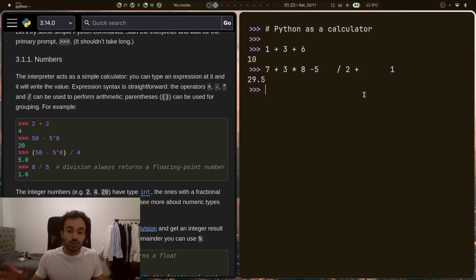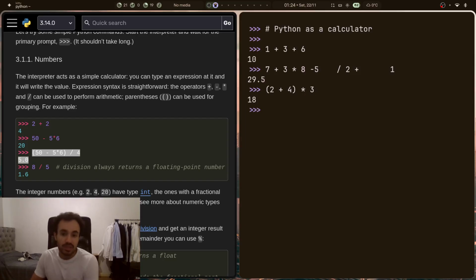You can also do this further by wrapping them in parentheses, and the example I believe is given here. So you can do 2 plus 4, and if you wanted to prioritize this, then you'd have to wrap it in brackets, just like how you would in actual maths, and then times 3, so 2 plus 4 is 6, times 3 is 18, and that will give you 18 as a result.